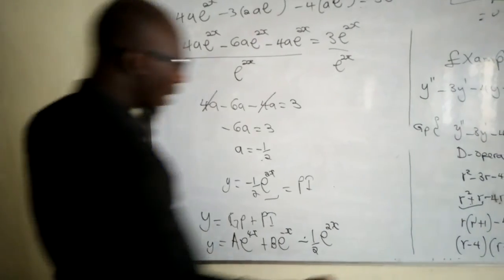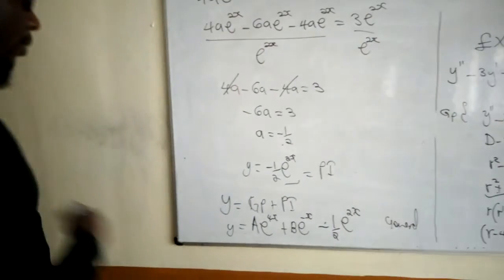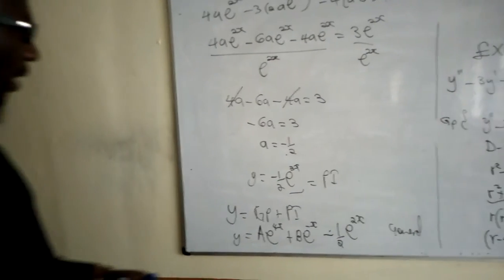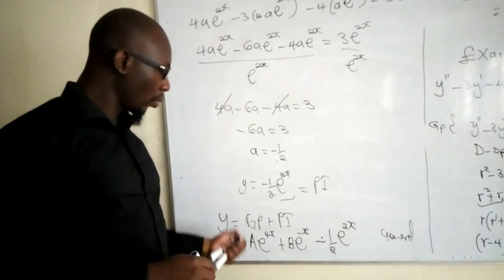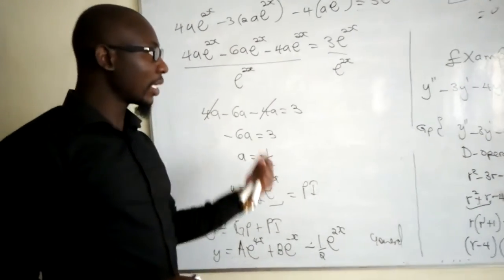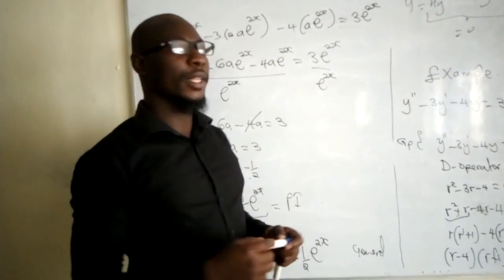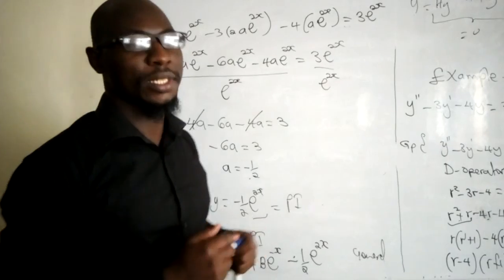So this one is now our general solution. If given the boundary conditions, you can get the values of a and b. In our next example, we shall do one with boundary conditions so that we get the values of a and b, for us to get the specific solution of the second order differential equation by the method of undetermined coefficients. Thank you.